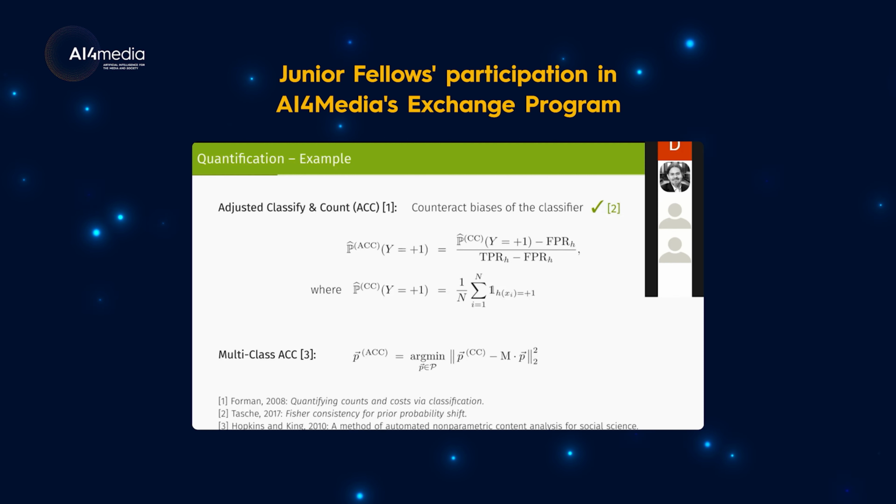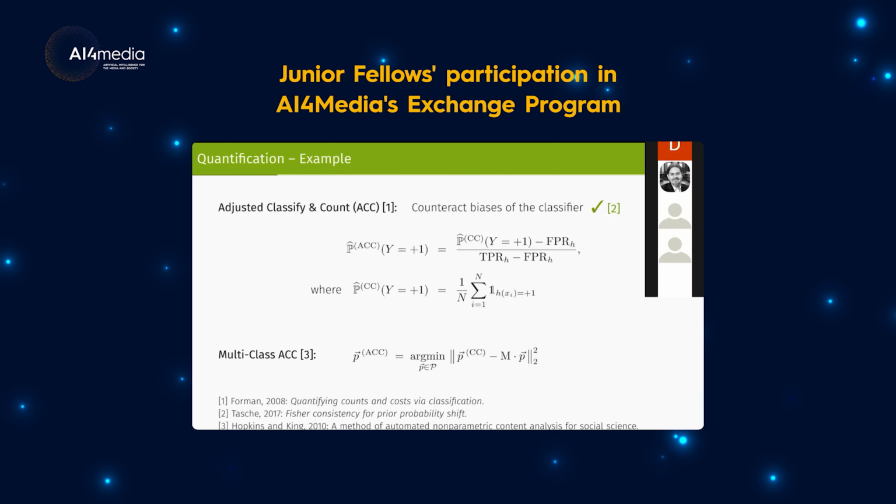And then we have to subtract the false positive rate of the classifier and divide by the difference between true positive rate and false positive rate. These rates can be estimated on training data. So here we have a very simple way of adjusting what a classifier would return.